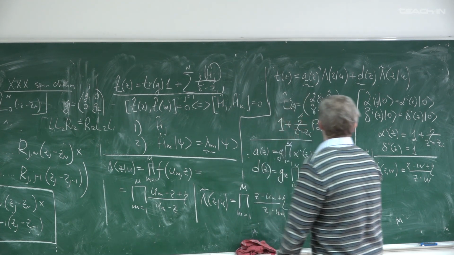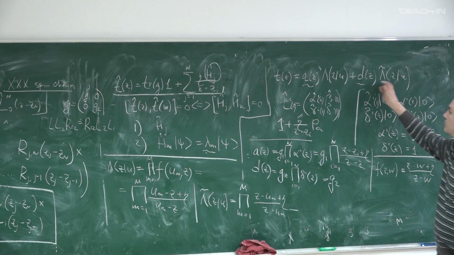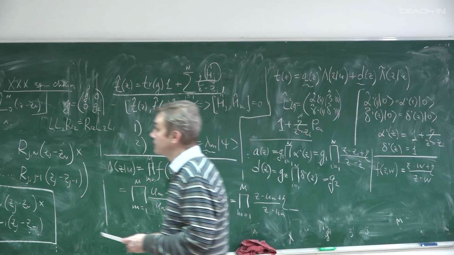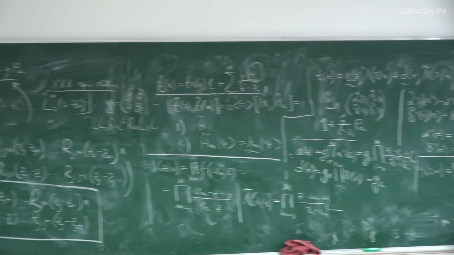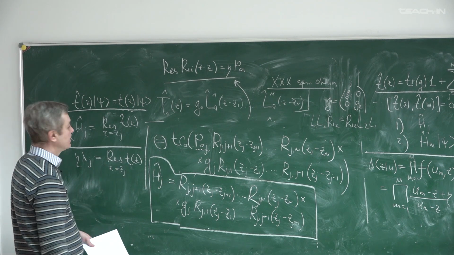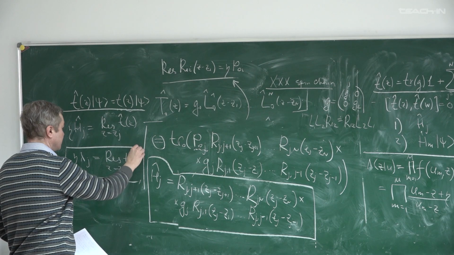So at this stage we have all objects. We have all these four functions. And we may calculate the residue of this function t. This is what we wanted to do, in fact.